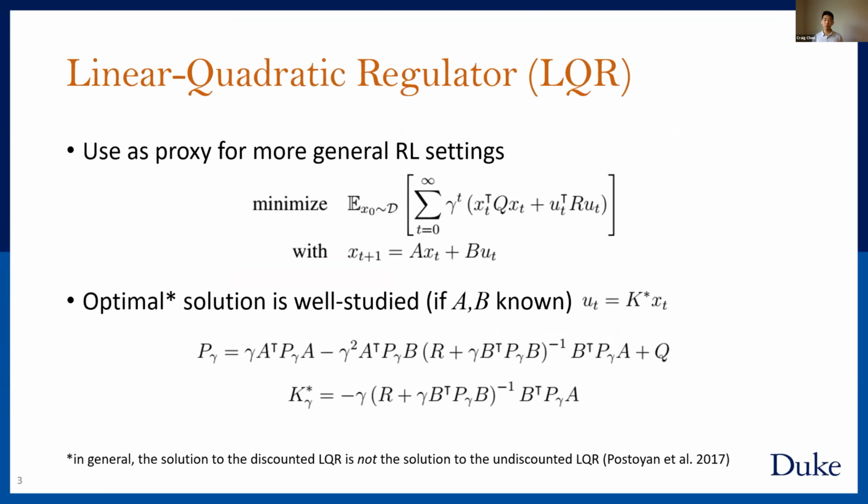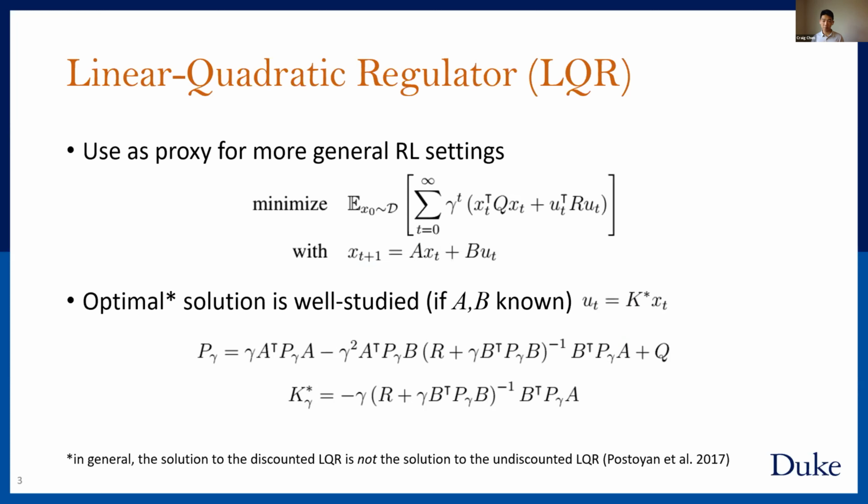The LQR, or linear quadratic regulator, is a standard problem from control theory where you have dynamics that are linear in the state. So x_{t+1} is just a linear function of x_t and u_t, which is the action that you choose at time t. We're interested in the noiseless case here, but if you add zero mean noise, it doesn't really change any of the answers.